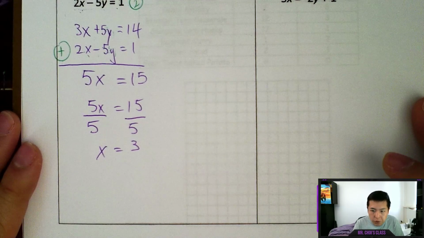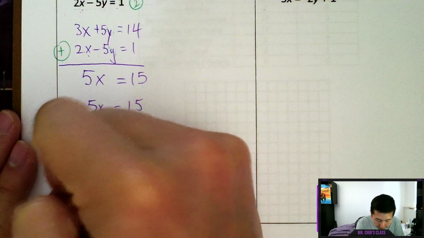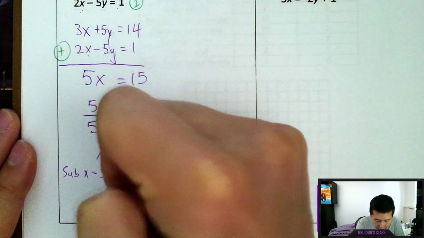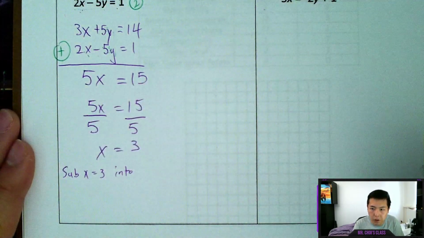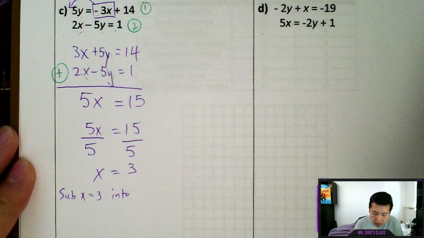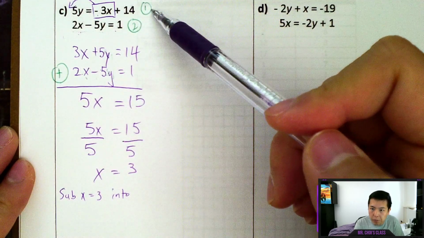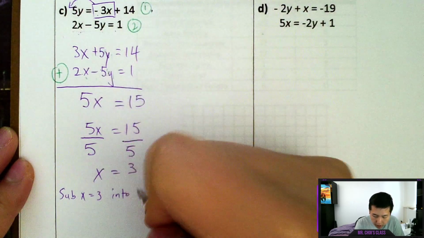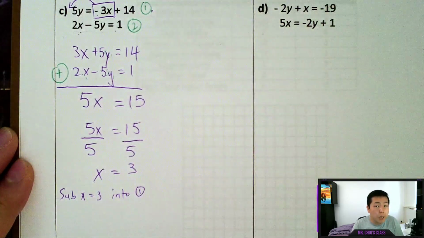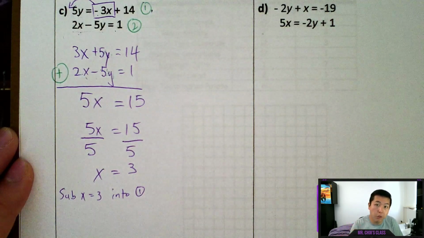So x equals 3. And so now we can sub x equals 3 into one of the equations above. And so which one should I pick? Let's pick number 1 here. Let's sub it into equation 1. Does it matter which one? Absolutely not. If you want to sub it into equation 2, you do that.